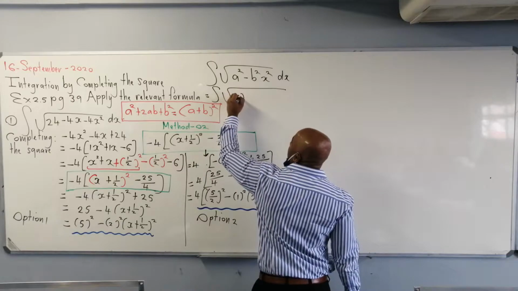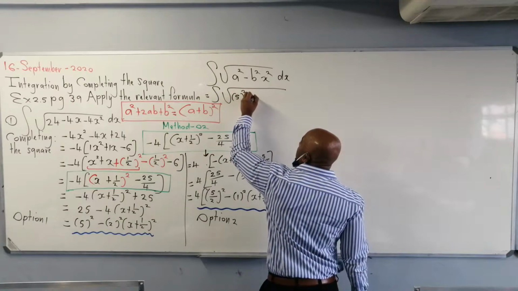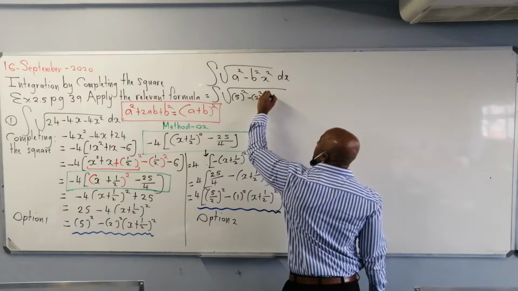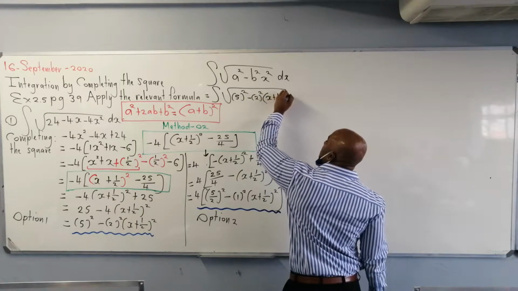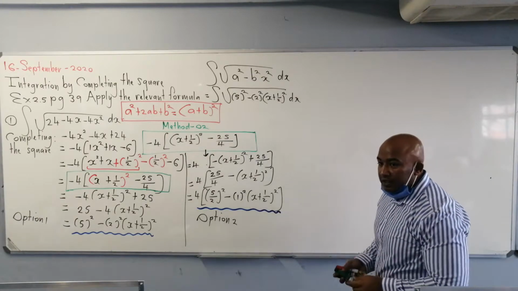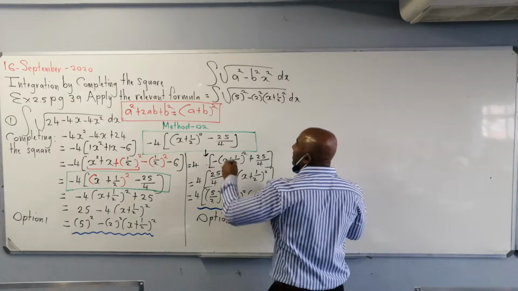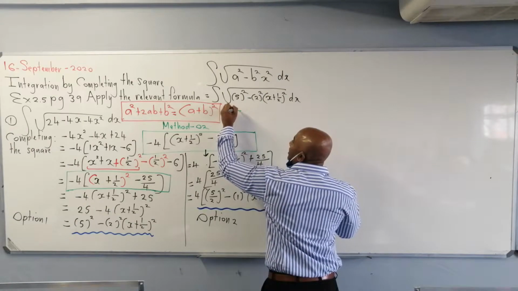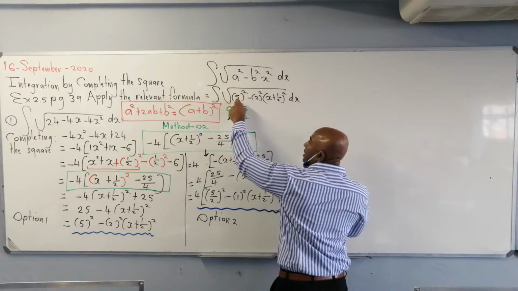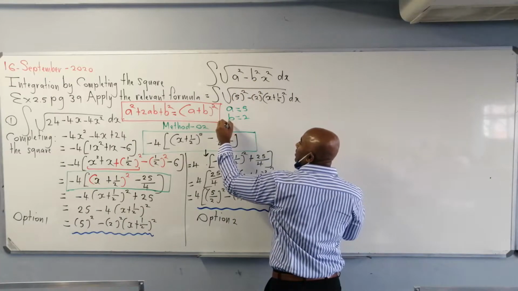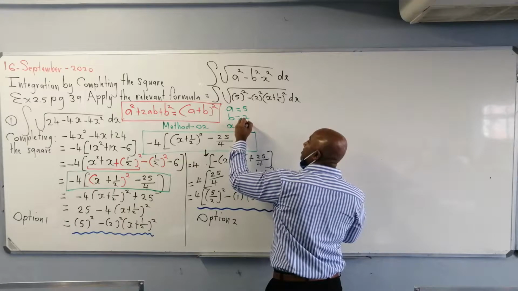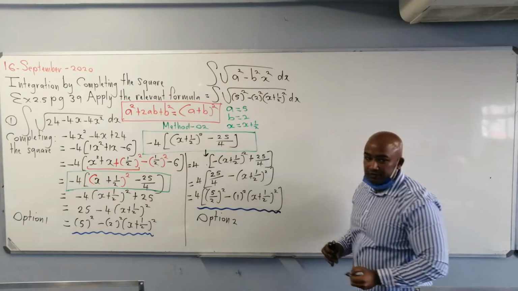That is my 5 squared minus 2 squared times x plus 1 over 2 all squared dx. Right, so once we have that, you identify your a, which is 5, b, which is 2, and x is represented by x plus 1 over 2.